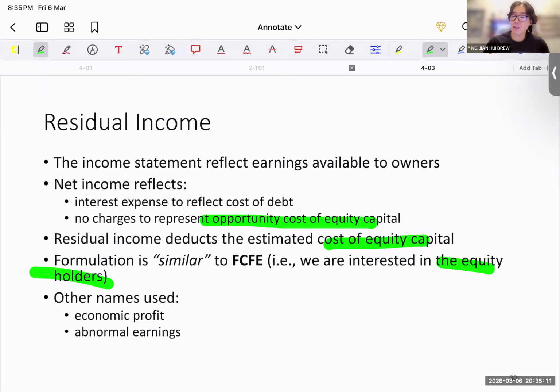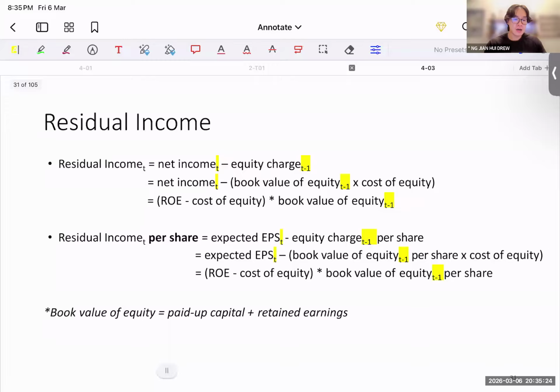For residual income, it's very similar to our FCFE because we are just focusing on equity holders here. There are other names called economic profit or abnormal earnings model. Hopefully, this slide is not new to you.